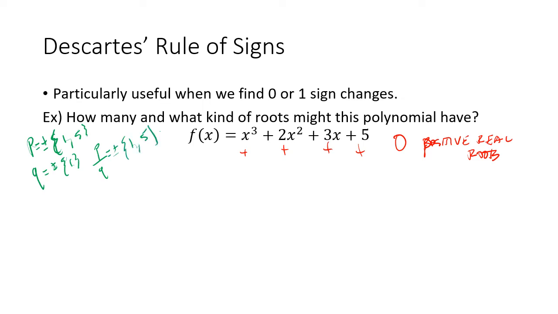If there are 0 positive real roots, it means it can't be positive. So the only possible rational zeros of this polynomial are negative 1 and negative 5. So I ruled out half of my possibilities. It doesn't seem so drastic for this problem, but for other kinds of problems it could be.